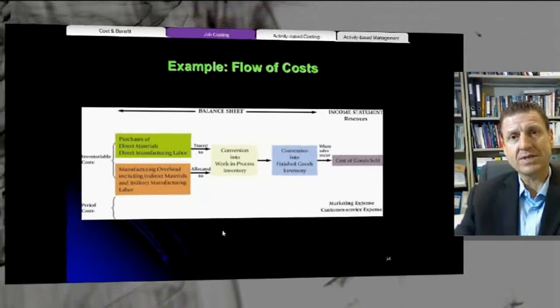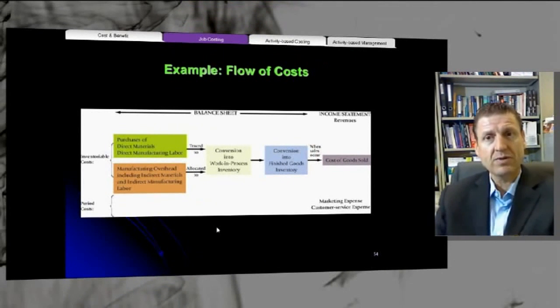These are your basic debits and credits that go through your balance sheet and into your income statement. We're not going to go into that detail in this semester, but just keep in mind that there are all these mechanics in the background that allow us to put what we see in the factory into the balance sheet in the financial statements and income statements.